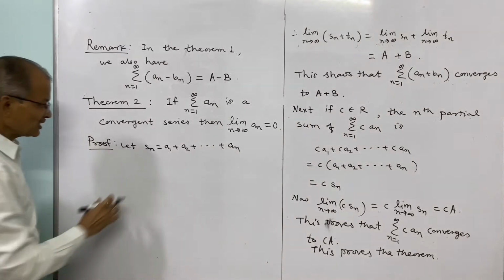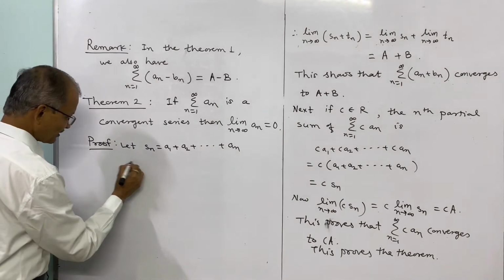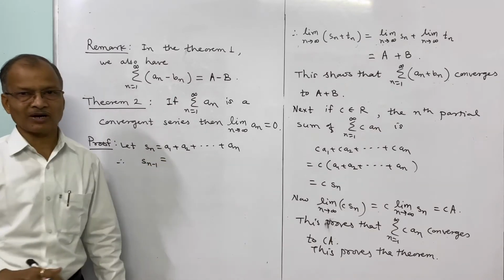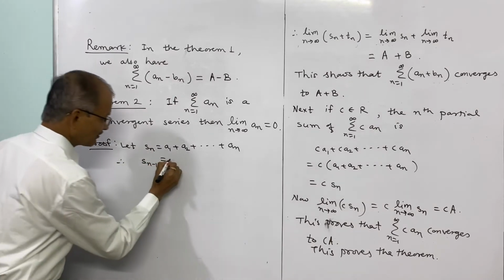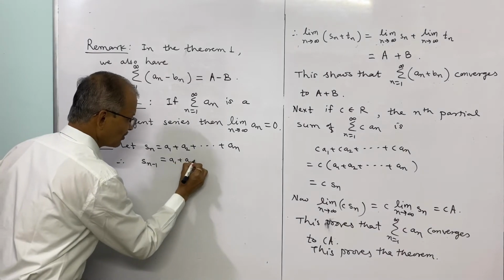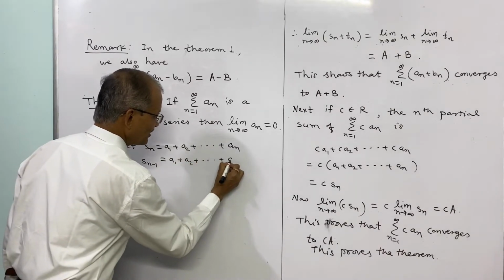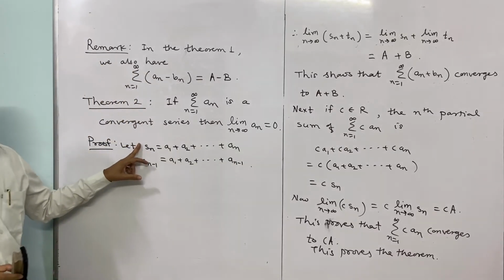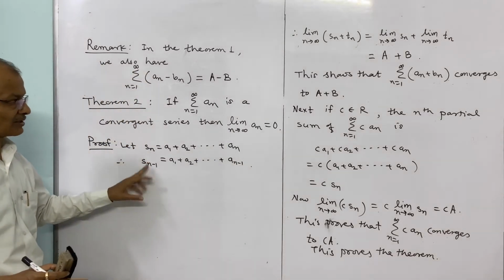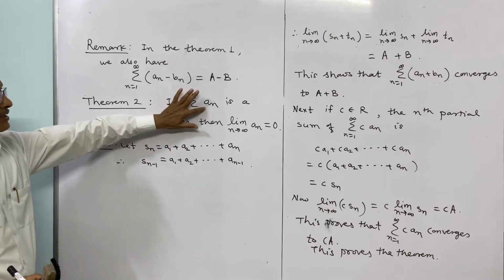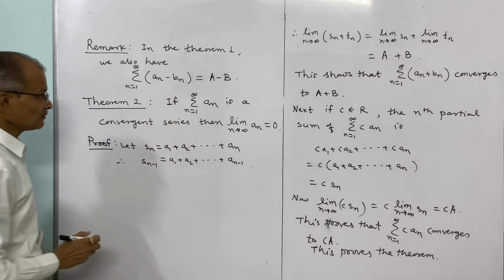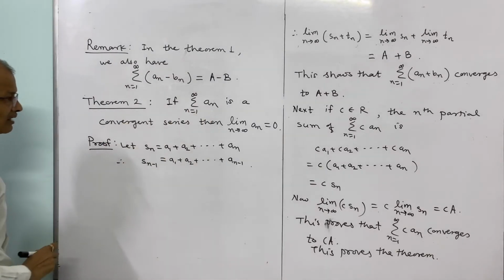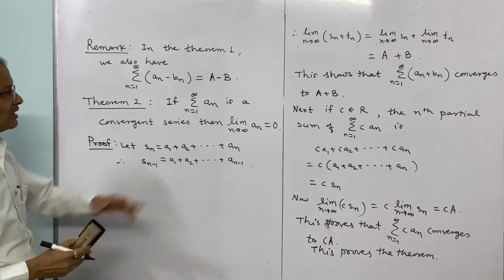And we also write Sn minus 1, the sum of the first n minus 1 terms, which is A1 plus A2 plus so on up to An minus 1. So these are the nth partial sum and the n minus 1th partial sum of the series. Now this series is convergent, and we shall assume the series converges to A.